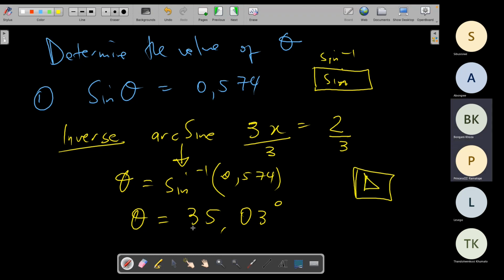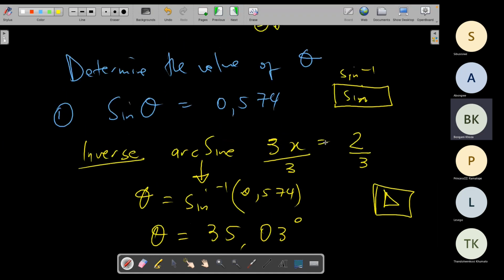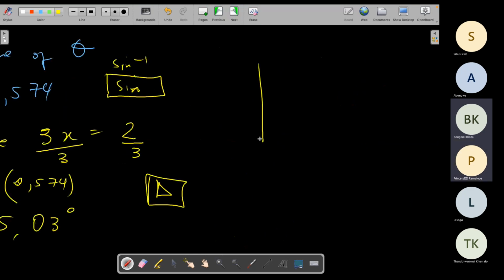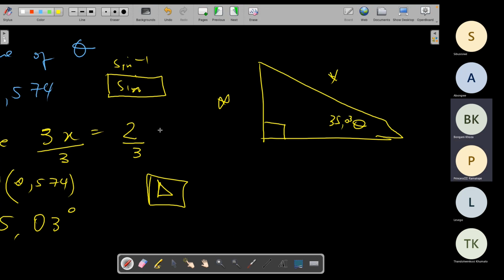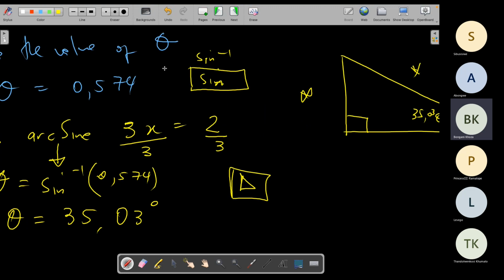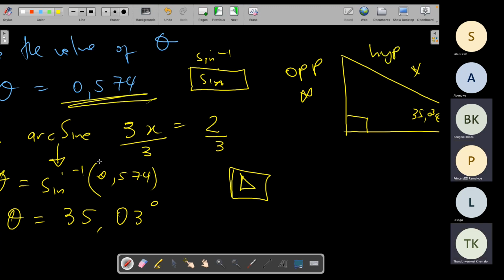All right. So what we are saying is that if we had a triangle with this angle theta, and whatever sides, if that angle was 35.3, then the ratio of the side opposite divided by the hypotenuse gives us this value.